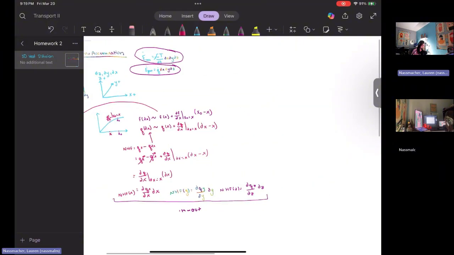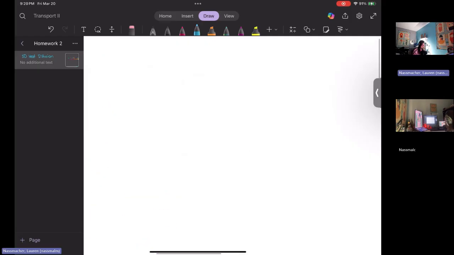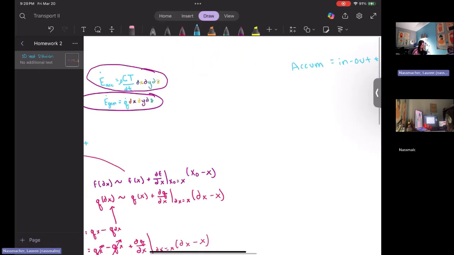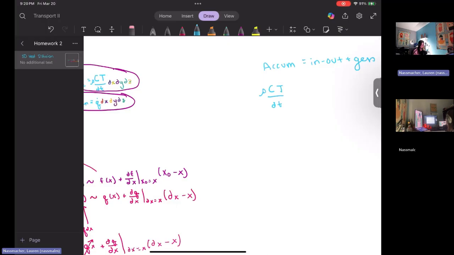Drawing that out, we get our energy accumulation equals our energy in minus our energy out plus generation. And our energy accumulated is our density multiplied by our heat capacity multiplied by our change in temperature over our change in time multiplied by our volume, dx dy dz.